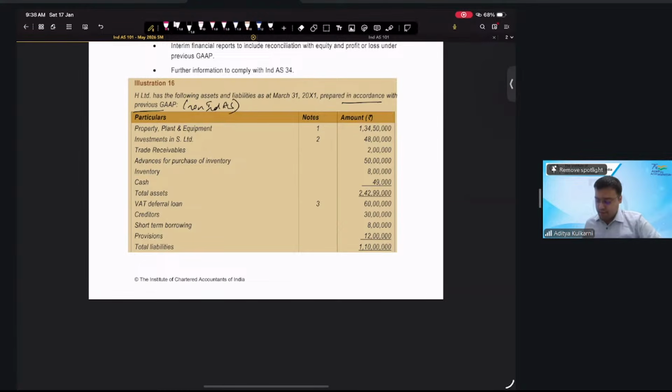Property, plant, equipment, investment in subsidiary, trade receivables, advances for purchase of inventory, inventory, cash, giving you total assets of 2 crore 42 lakh 99,000.